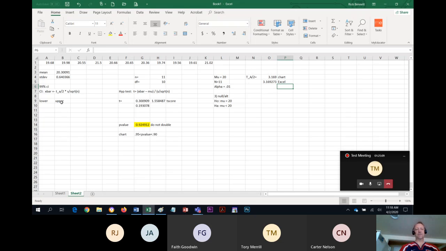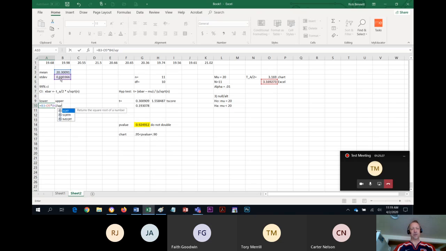If I use Excel on this, I'm going to get my mean minus T sub alpha over 2 times S, the standard deviation, divided by the square root of my N, which is 11.